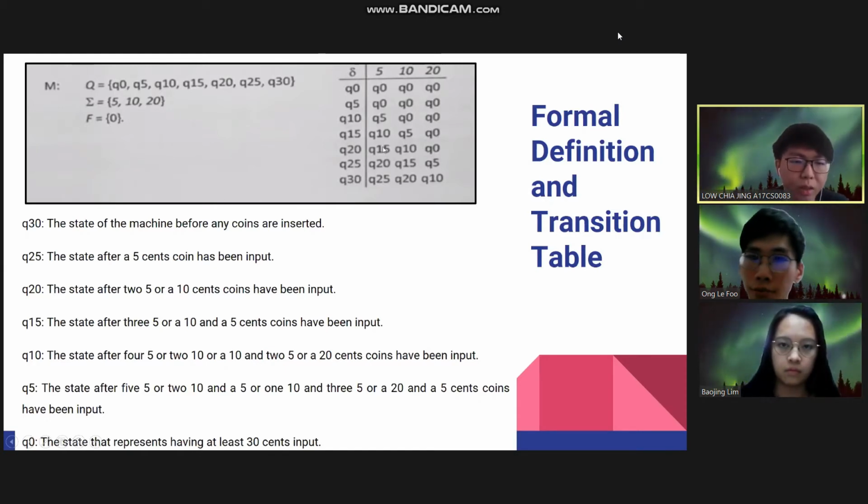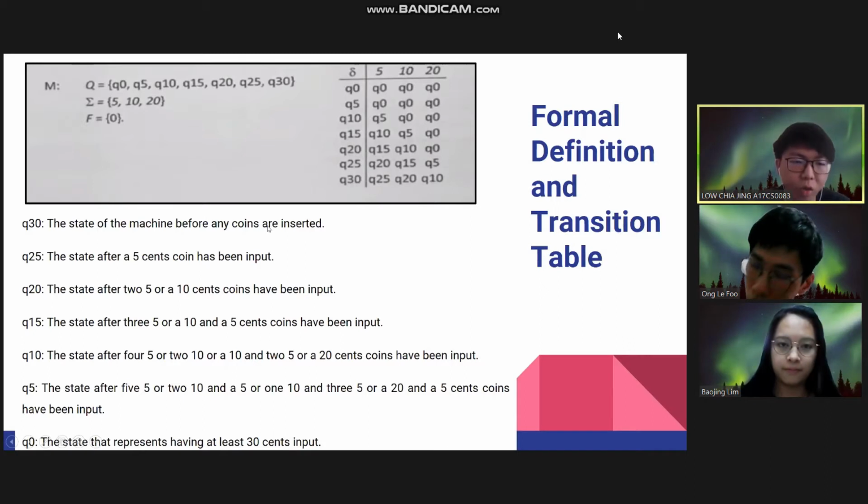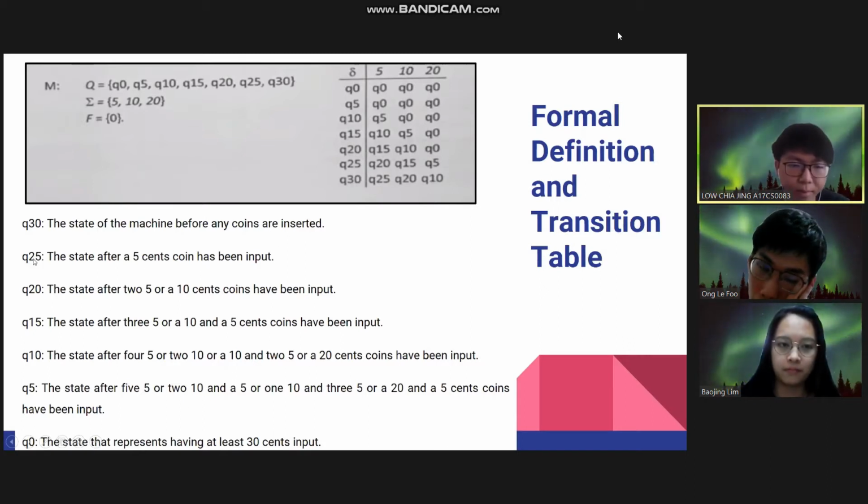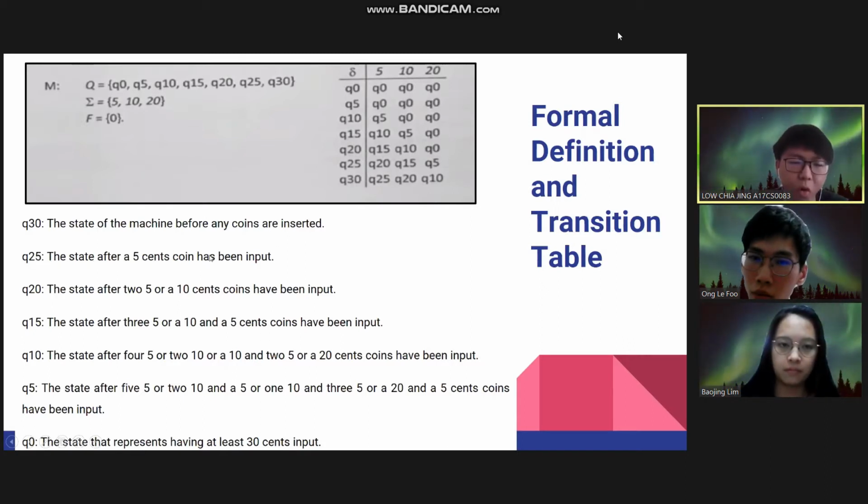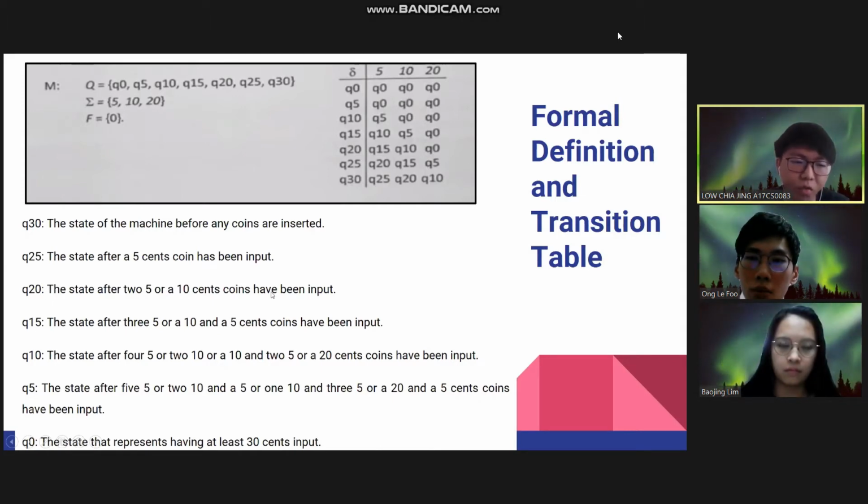Q30 is the state of the machine before any coins are inserted. Q25 is the state when 5 cents of coin has been input. Q20 is the state when a total value of 10 cents has been input into the machine. Q15 is the state when the total amount of cents inputted reaches 15.